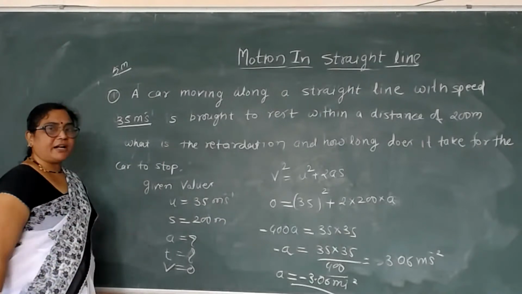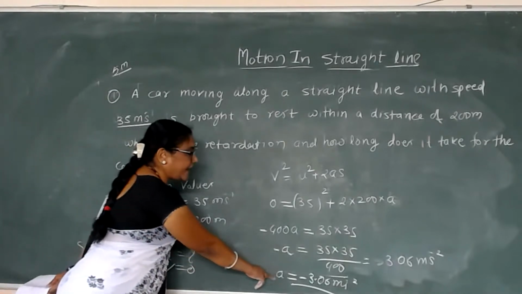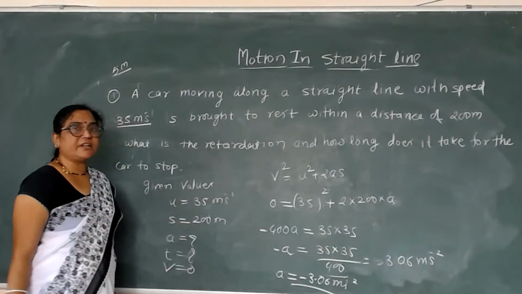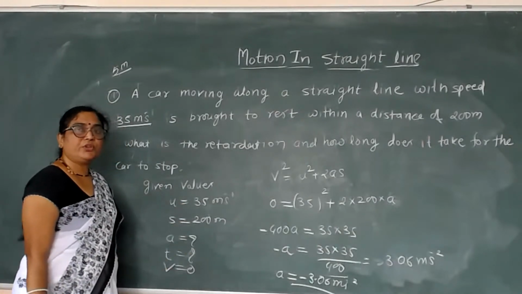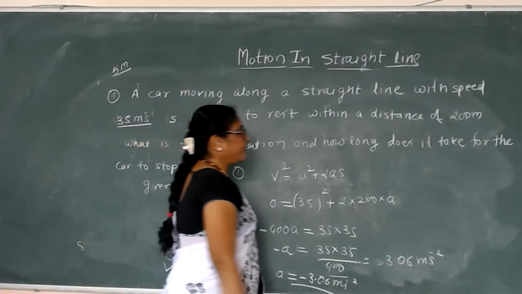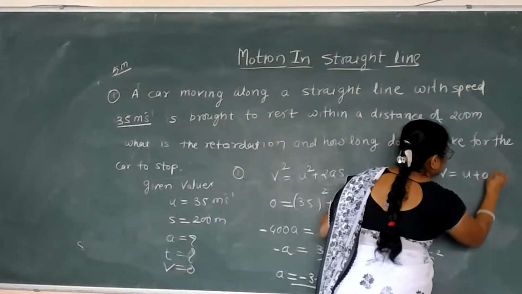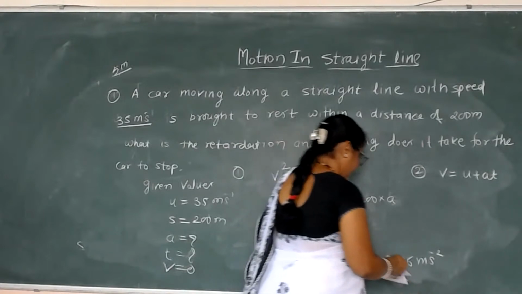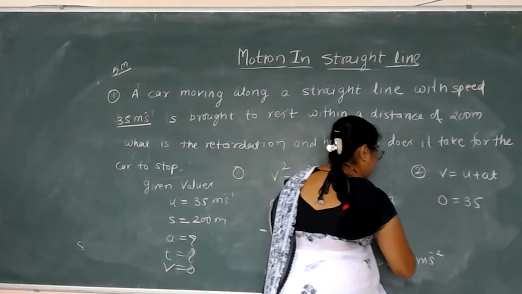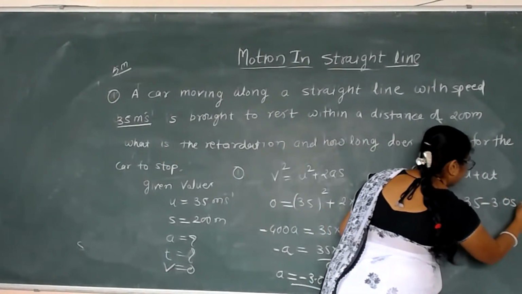Now there is a second part. What is the time required? Here a is known, v is known, u is known, therefore use the related formula v is equal to u plus at. Final velocity is equal to 0, initial is equal to 35, acceleration is equal to minus 3.05, into t.